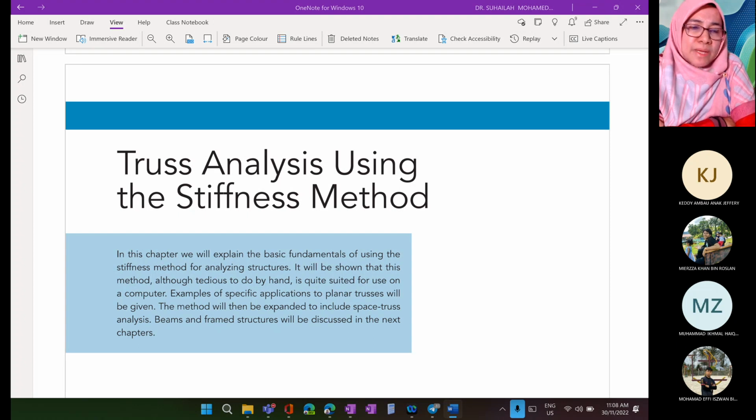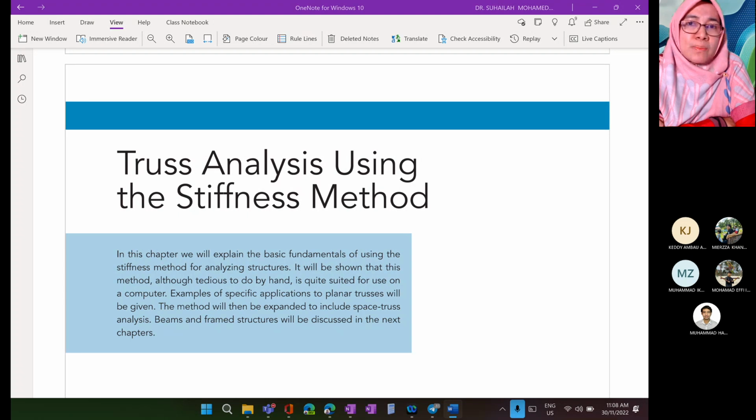So basically, in the stiffness method, we will apply some procedure in order to establish the stiffness matrix. And from the stiffness matrix, we will continue to calculate unknown displacement and reaction at the support. Compared to the flexibility method, where the goal is to calculate forces, in the stiffness method the first aim is to calculate displacement.